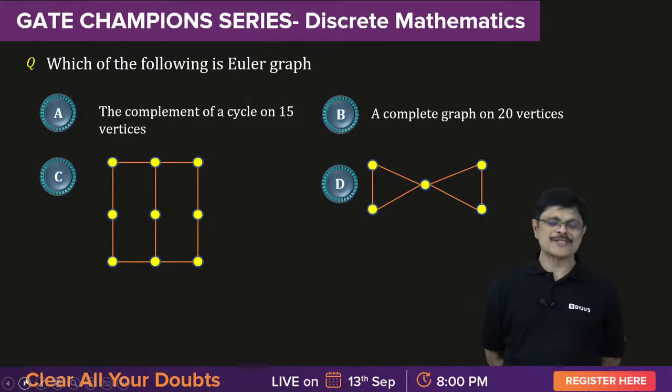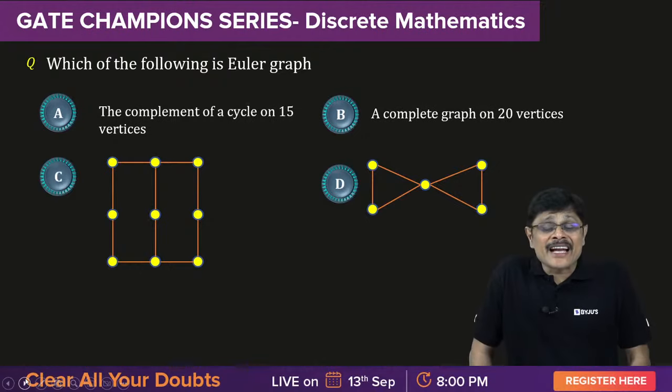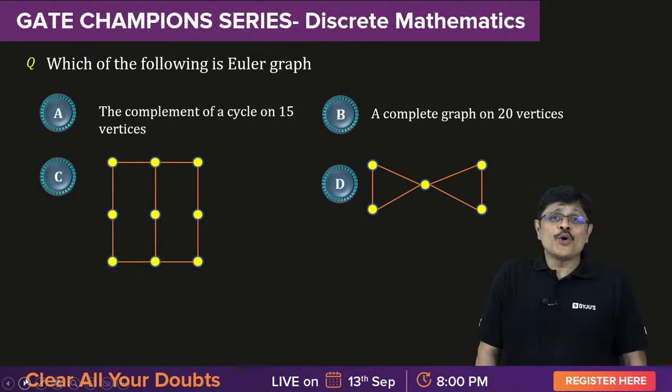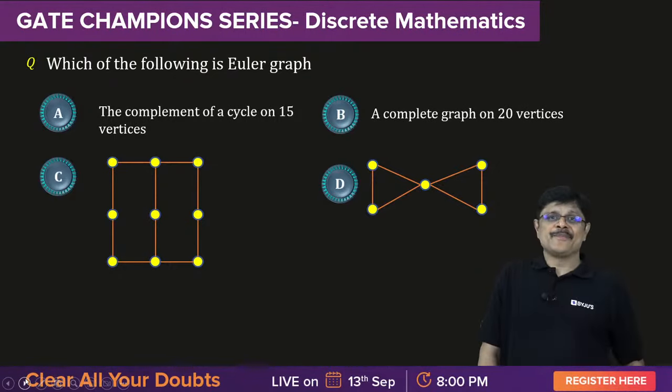What is an Euler circuit, sir? It is a closed walk in a connected graph containing all the edges with no edge repeated. A vertex may be repeated, but an edge cannot be repeated.